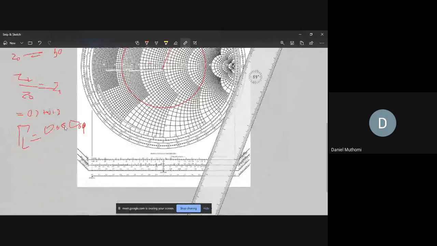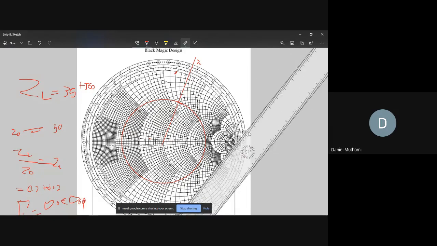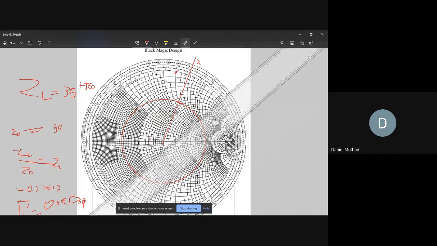Basically these are the things you'll be asked. Since this is your ZL line, you can be asked what the impedance is at 0.1 wavelength from your load line. Depending on whether you're told to the generator or from the generator, you add or subtract from this point.